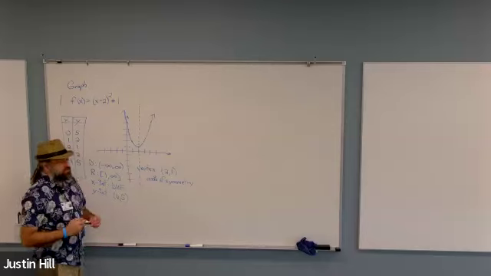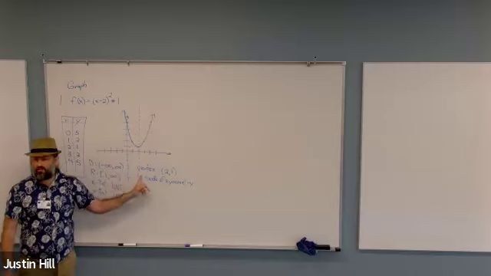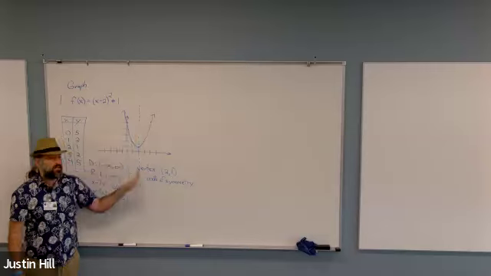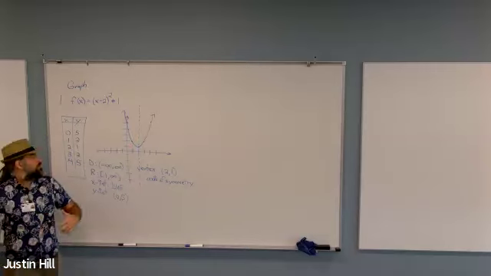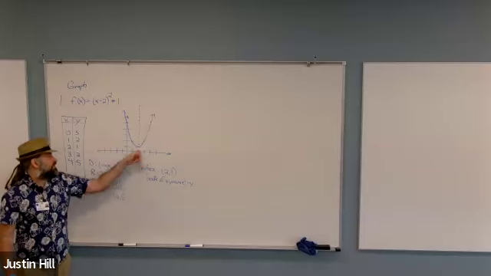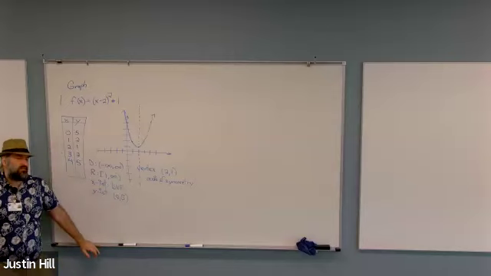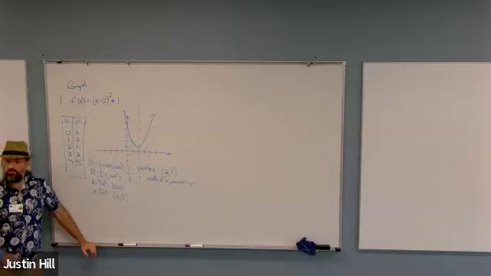When they ask for the axis of symmetry, what they want is the equation of this vertical line that you have in your mind. That's a ghost, not really part of the graph. So this line is a vertical line. Thinking back to the first lecture day of class, how do you write the equation for a vertical line? X equals, yes.